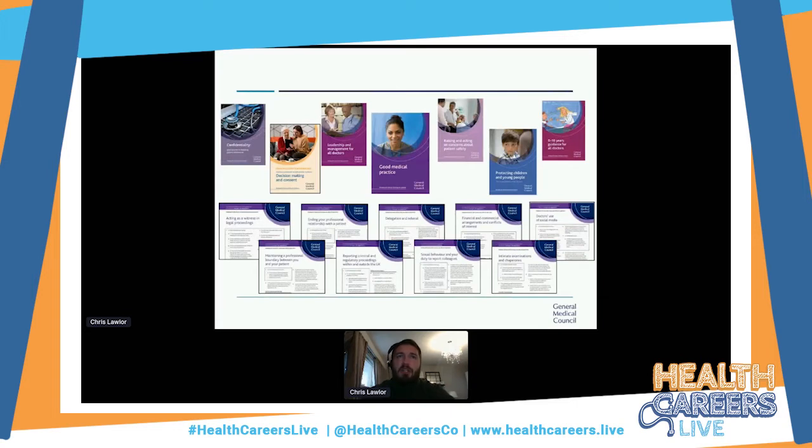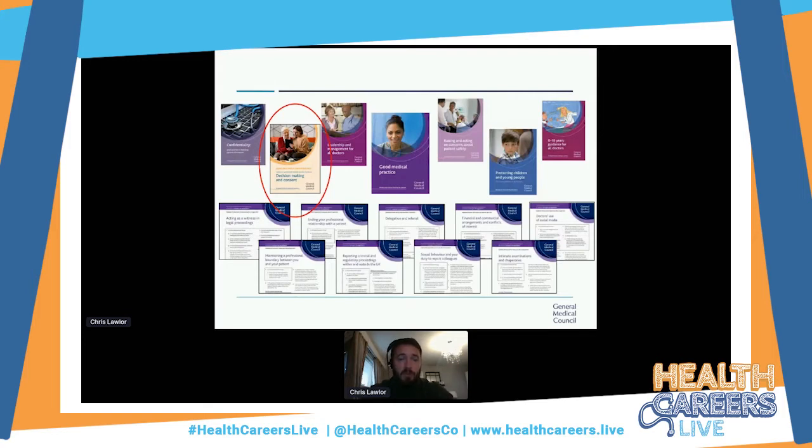So we've got confidentiality, we've got raising concerns, and we've got our decision making and consent guidance, which looks slightly different to all the other pieces of guidance because, as I said at the start, it is the most recently updated piece of guidance, and that is the area we're going to focus on for the next 40 minutes or so.